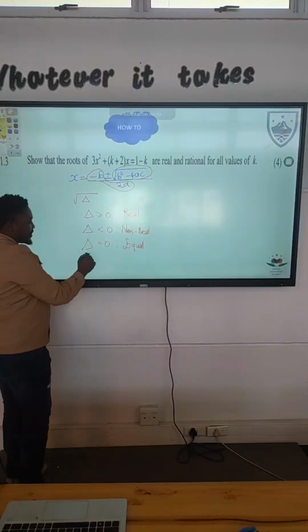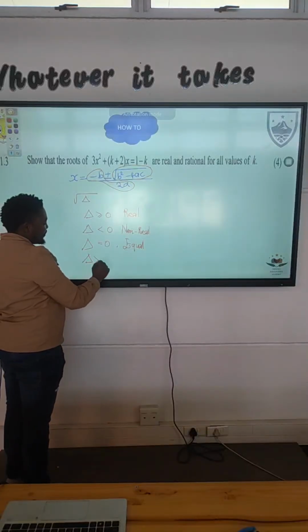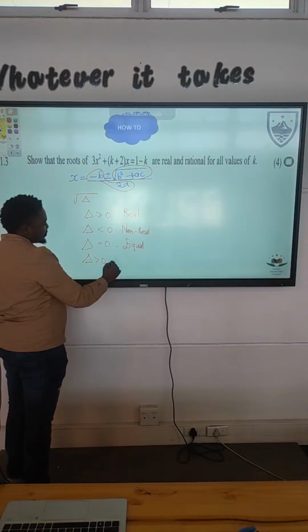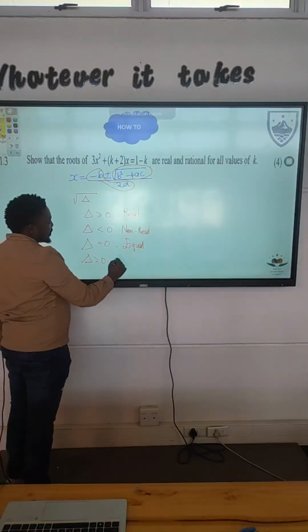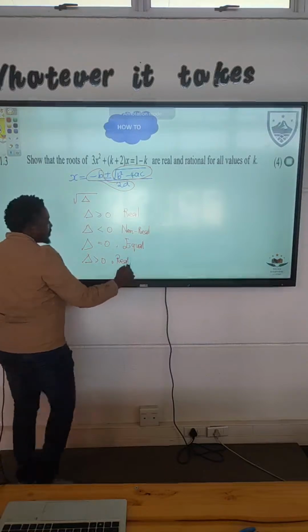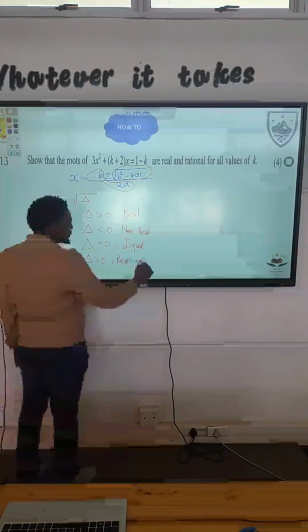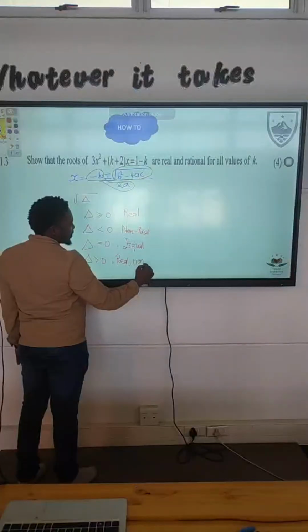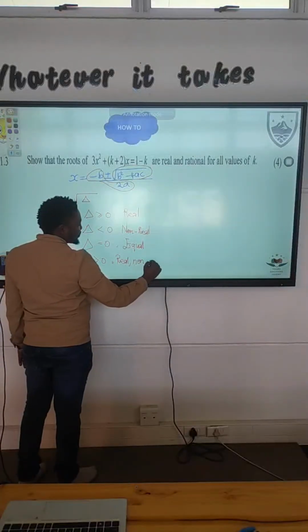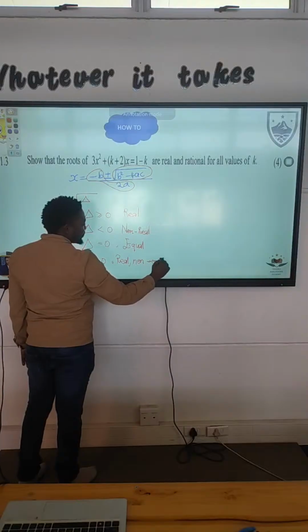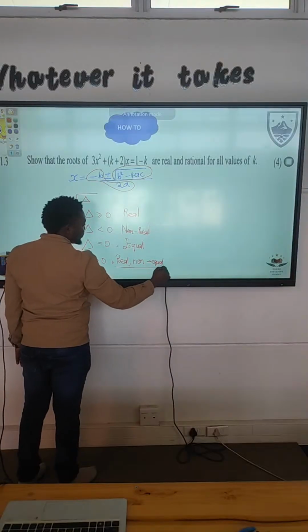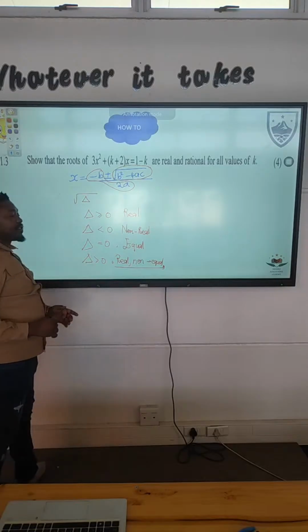So it means that if it's just this alone, there will be a real, and then there will be non-equal, because it's greater than 0.